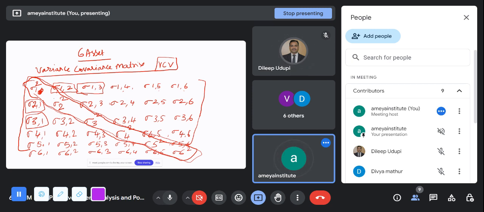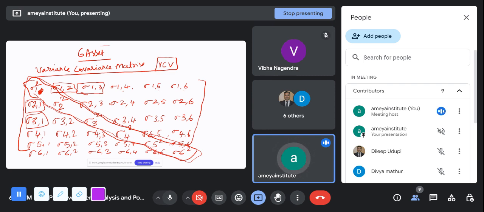Is it clear what we are trying to form here? Yes, sir. So now you tell me what we got from this matrix. Now we remember the weight of one asset into the standard deviation of one asset squared, right? Then the weight of 2 squared, standard deviation of 2 squared, then standard deviation of 3 squared, 4 squared.